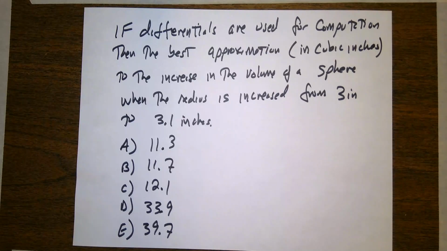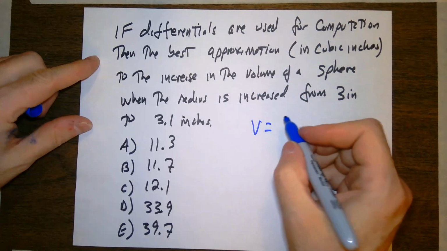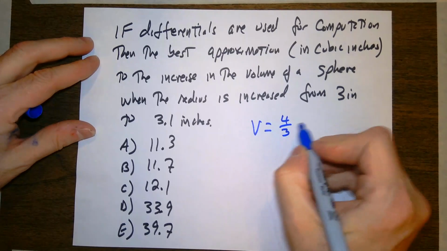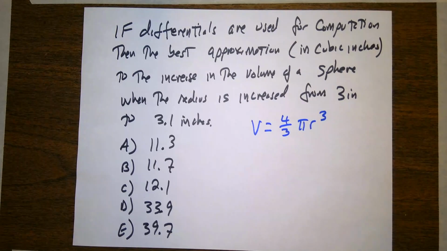All right, so volume of a sphere, that's going to give me my direction. That's going to tell me what I'm going to need. So volume of a sphere is 4/3 pi r cubed. Take the derivative of this with differentials.